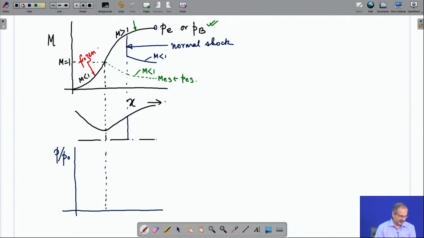So, the first case will be the isentropic expansion to supersonic condition. So, we will draw that plot first. That is how it will expand to the exit pressure. Let us give it some name.